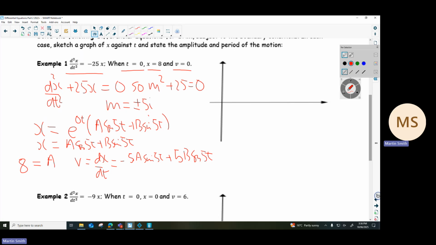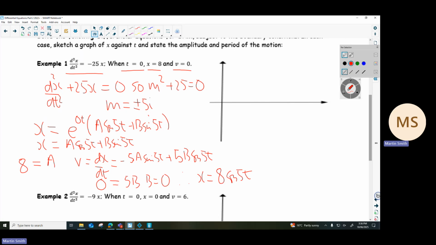When t is 0, the velocity is 0, so therefore 0 is equal to minus 5a times sine of 0 is 0, plus 5b times the cos of 0, which is 1, so 5b, so therefore b is 0. So consequently, the equation for this object's motion is x is a cos 5t, but a is 8, so 8 cos 5t plus b sine 5t, which is 0.